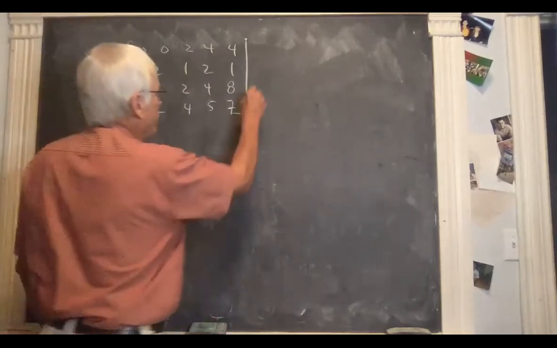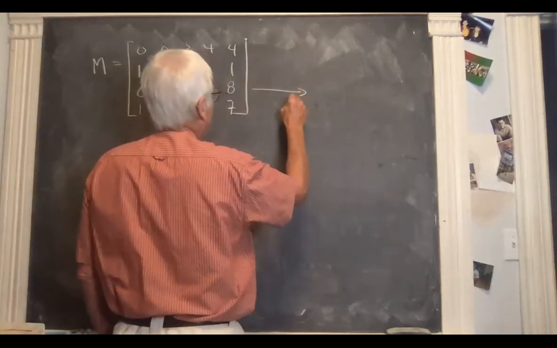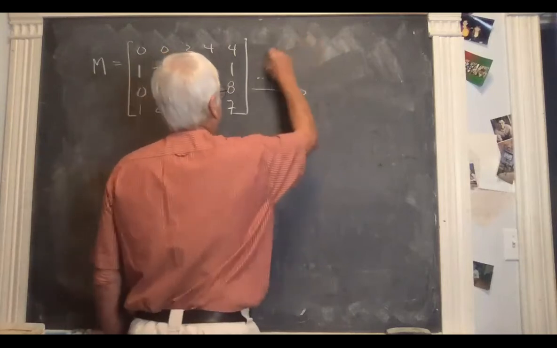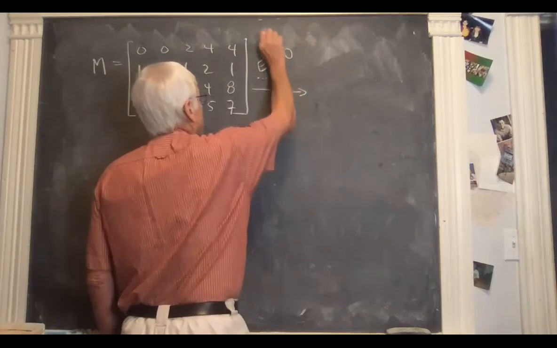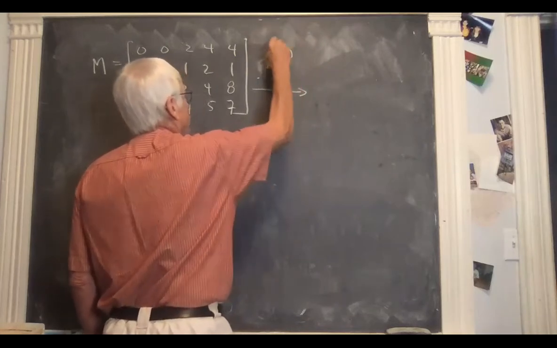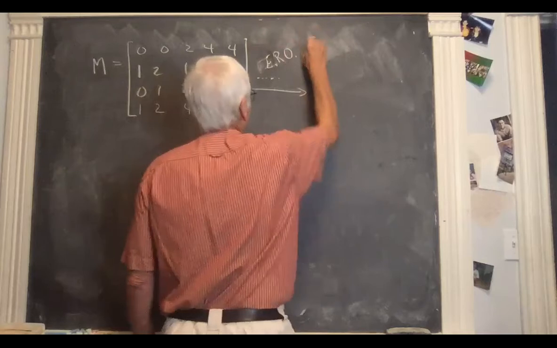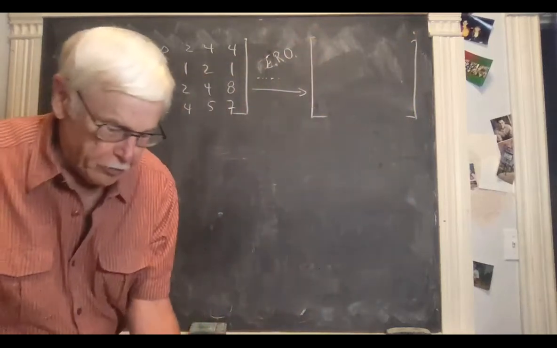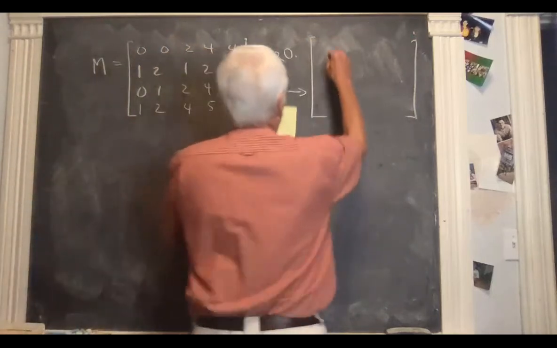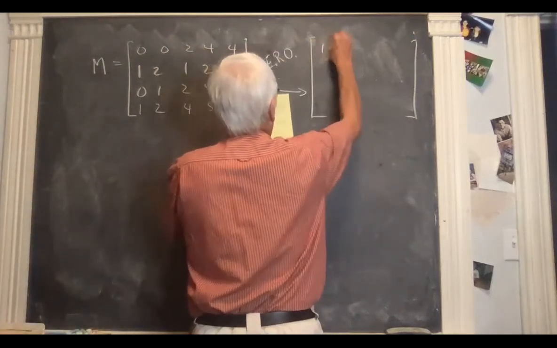So last time we did a bunch of steps in here, elementary row operations. We used those. And we reduced that matrix to a point where we could find what the solution looked like.